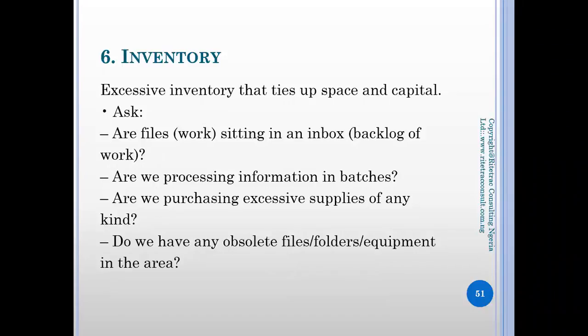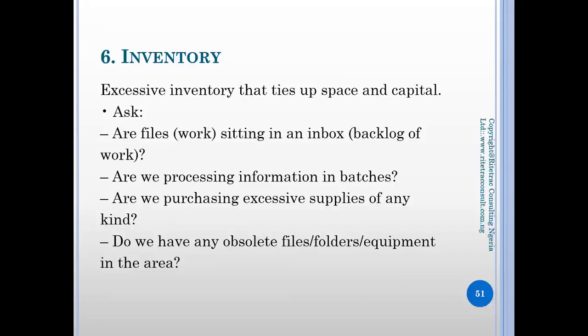Inventory. We talked about inventory, excessive inventory that ties up space and capital. We worked in an organization that moved from a typical government establishment to privatization. When you get there, they still have a lot of inventory in their store. Some of the machines they have in their place are no longer in production, and they are still paying security people and still spring cleaning it.